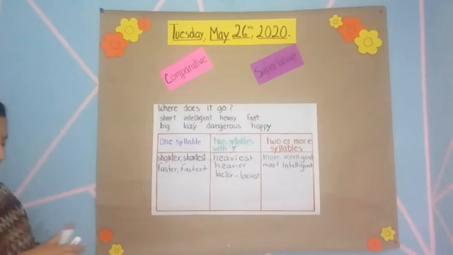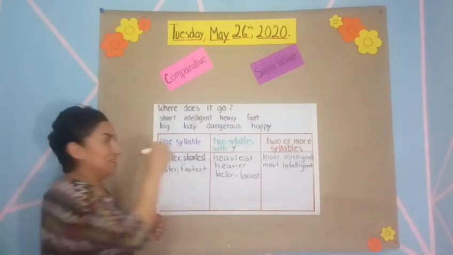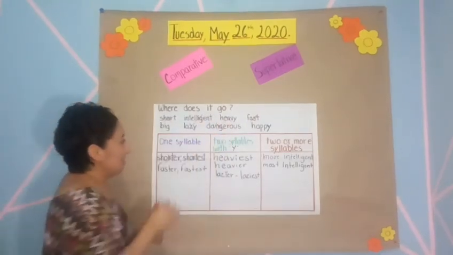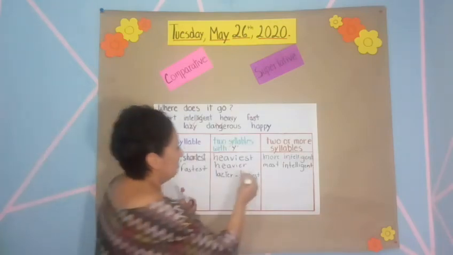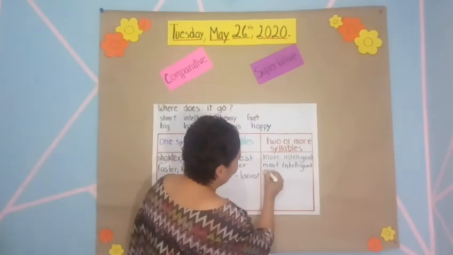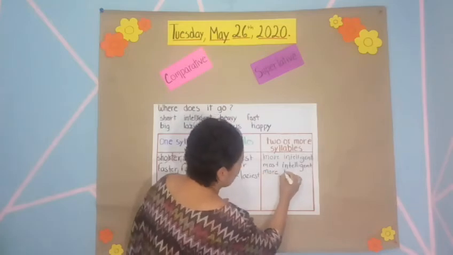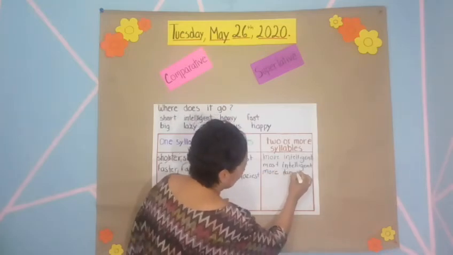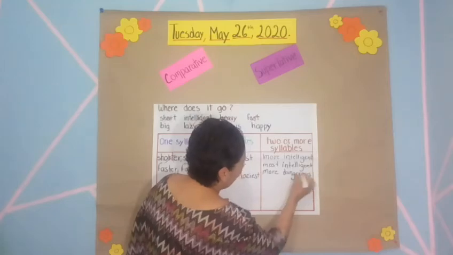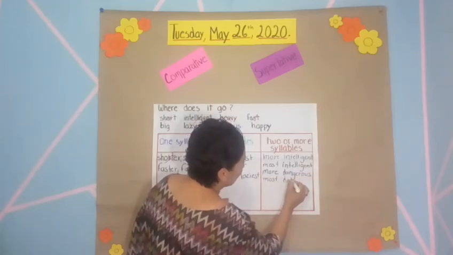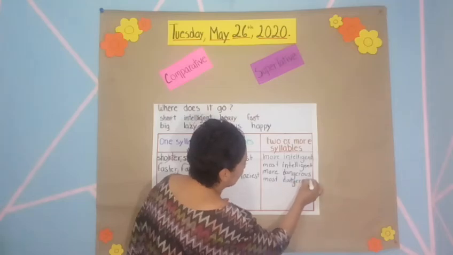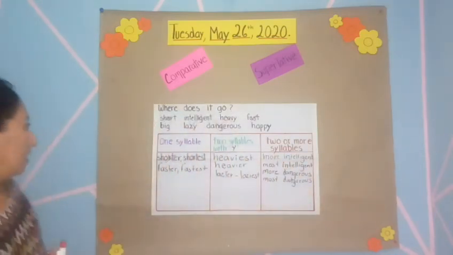Okay? Now, we have an adjective that has two or more syllables. In this case, we use more dangerous, and most dangerous when I am talking about the superlative form.